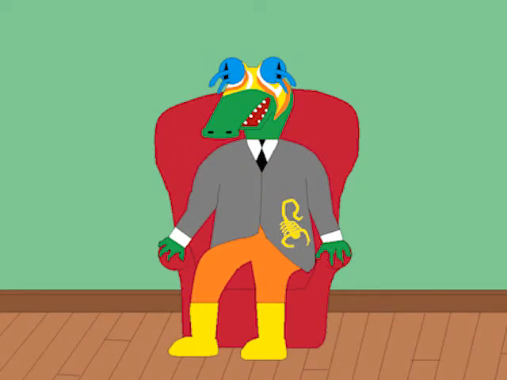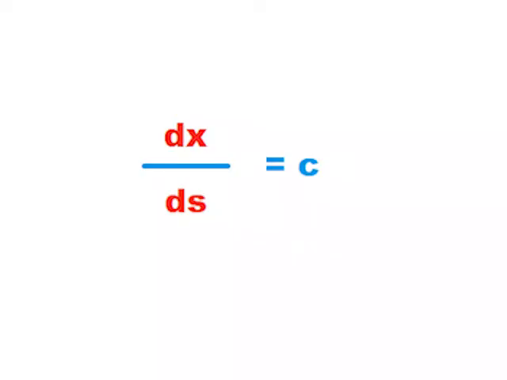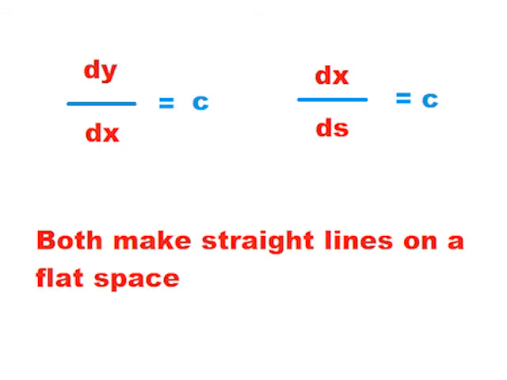Well, on a past YouTube video I made, I dealt with a similar question where I decided to modify dx over ds equals c, where ds is the actual distance of the path followed. This equation is just as much of a geodesic in flat space as is dy over dx equals c.